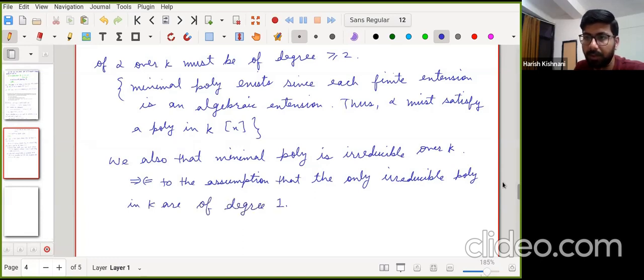That was an assumption, but we are getting a polynomial of degree greater than or equal to 2 which is irreducible. Thus this is also false. Okay.